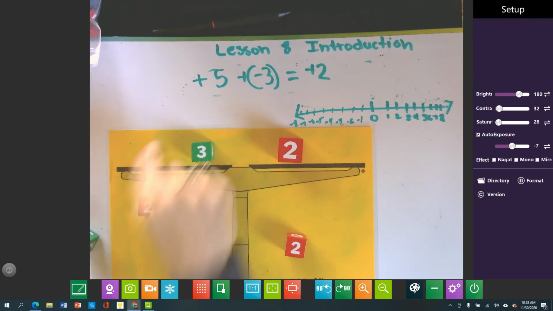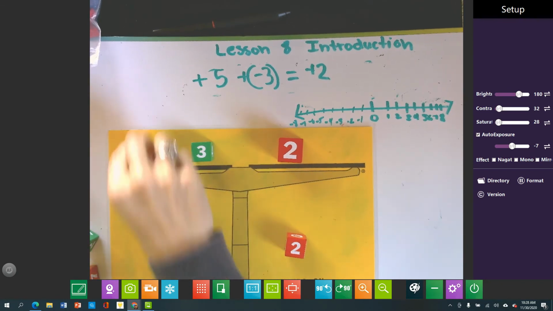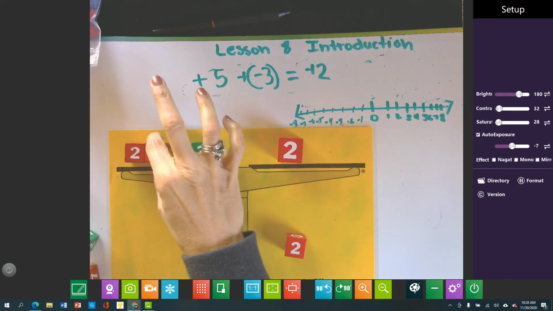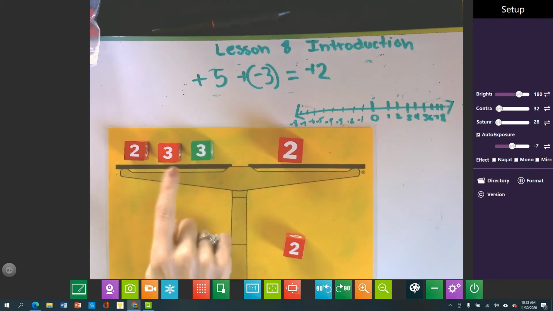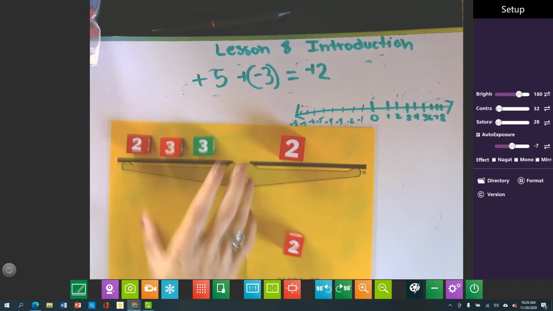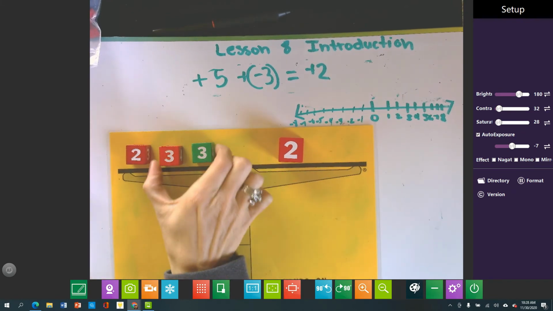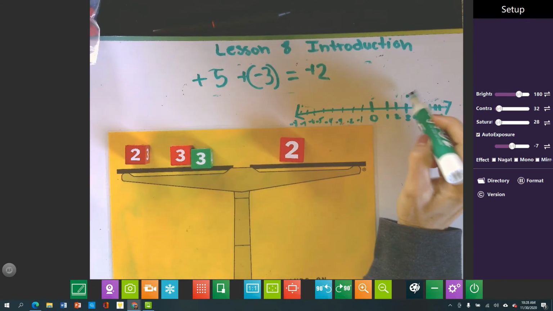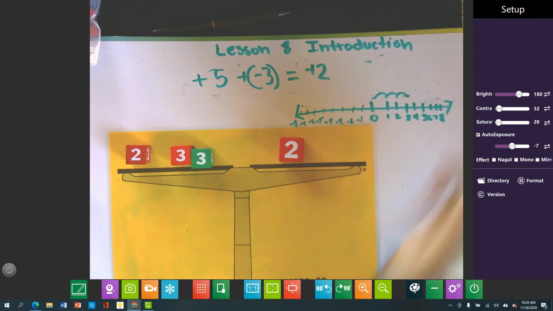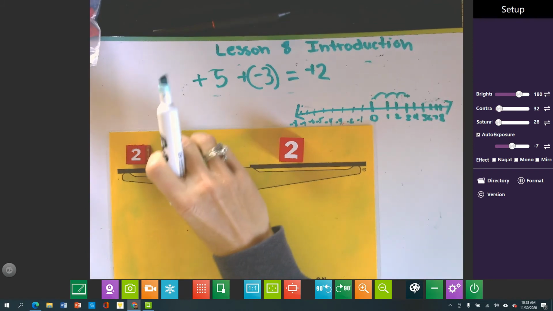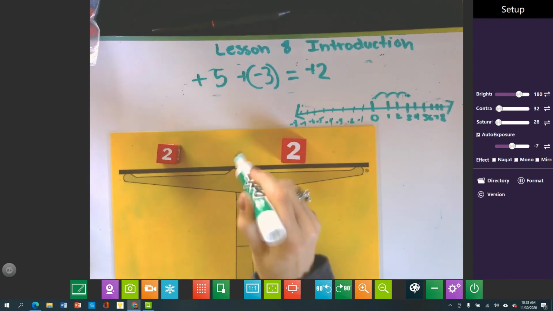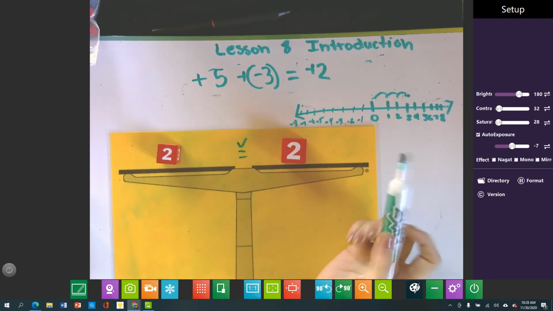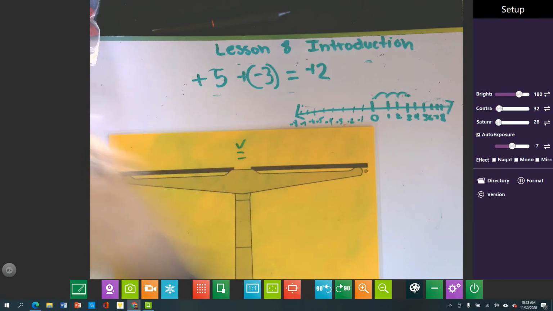That still equals 5. But now we can see that a 3 and a negative 3 give me my 0, right? As we did with the 5, if we started at 3 and we took away the 3, we would have 0. And you can see now our equation is true because they check. Okay, so there's two ways that you can think about that.